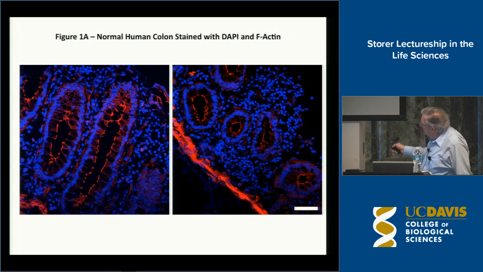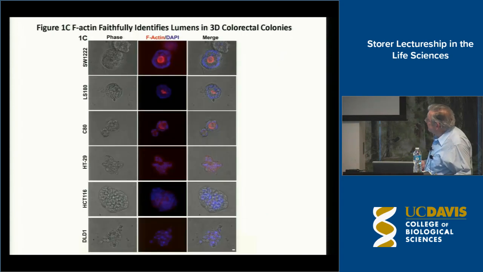And this is looking longitudinally along a crypt. This is cutting across, and there you can see the smooth muscle layer that underlies the epithelial cells, and you can see the staining by F-actin. So this suggests that one of the ways of characterizing, maybe more objectively, the presence of a lumen is to stain for F-actin. And that is in fact the case.